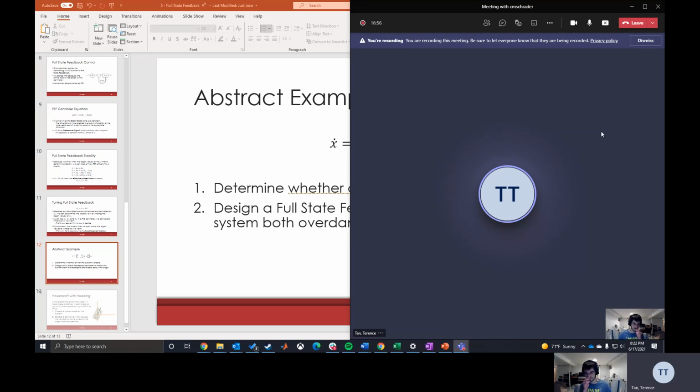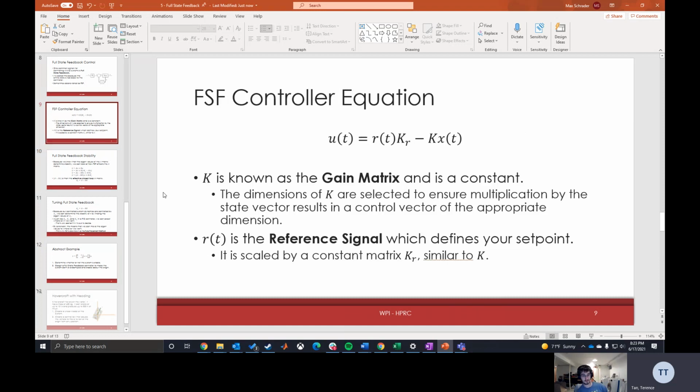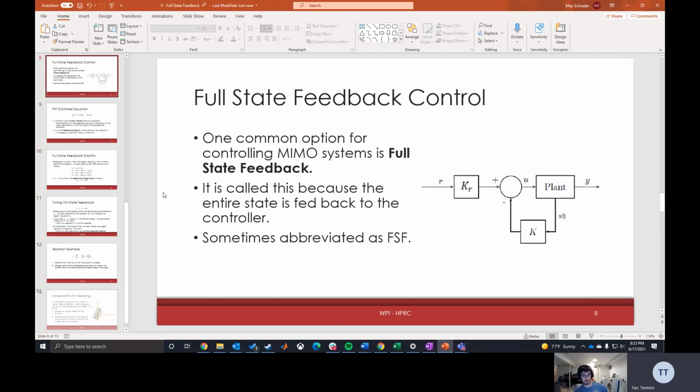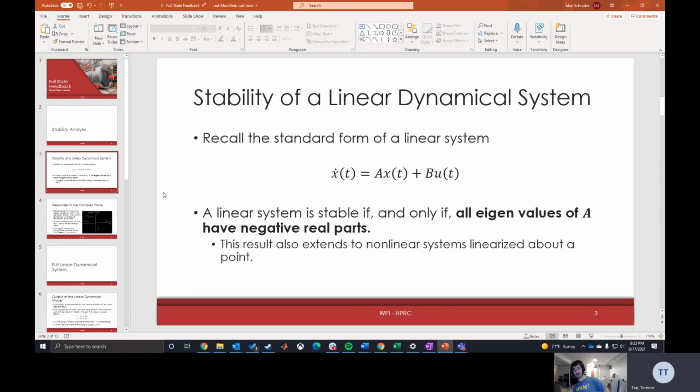Can you go back a couple slides? To where? It was in the beginning, where it reviews what is considered a stable state. Oh yeah. Essentially, anytime you take the eigenvalues of something, oftentimes you'll end up with a complex number. And the important part is that the real part, i.e. the part of your complex number that's not being multiplied by i, is negative.